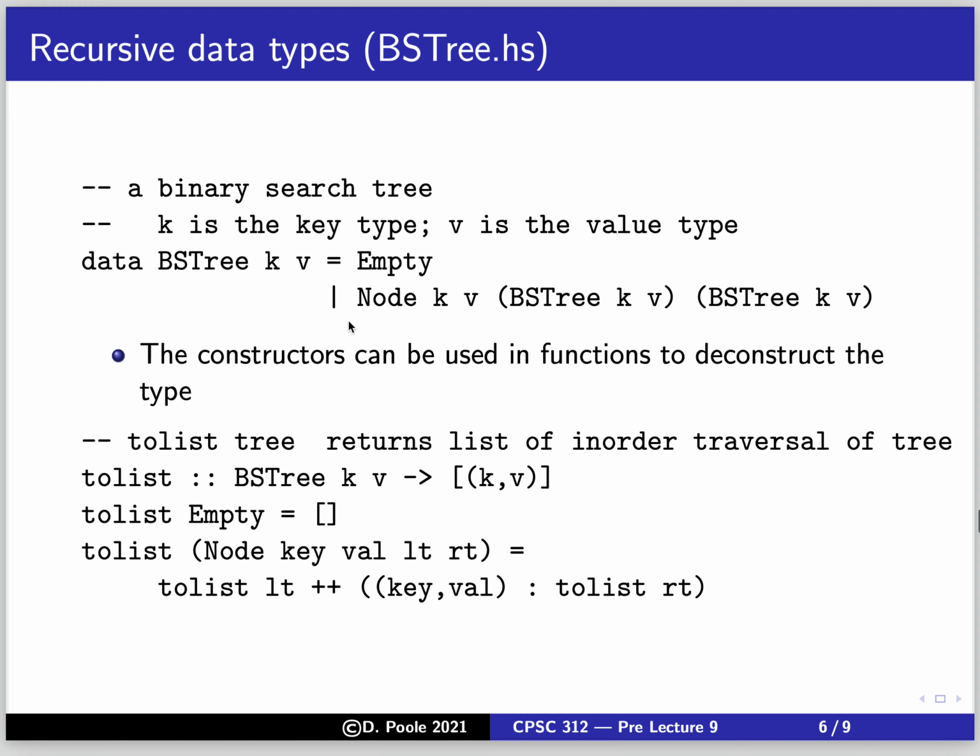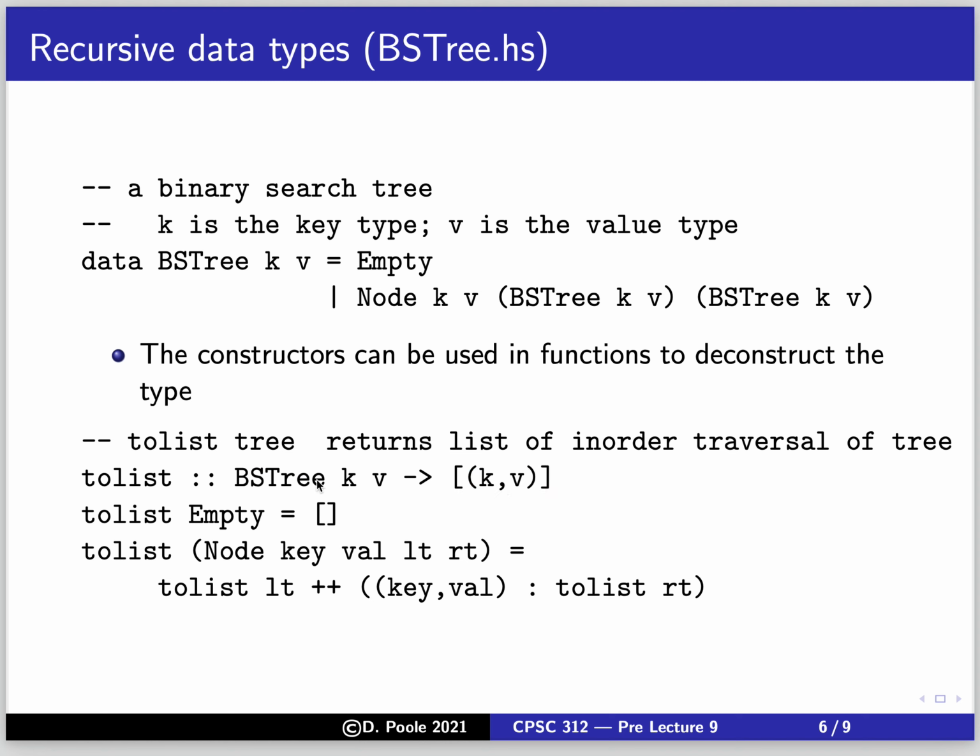All right. So here's the same definition as before. Binary search trees are either empty or node, and it can now be used in a function to deconstruct the type. So here's an example of doing that. What we're going to do is write down how to convert a tree to a list. It takes a BST type, something of type BST tree of k and v, and it returns a list of key value pairs.